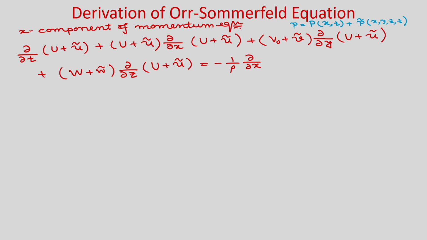So, if it is so, then we can write this term P plus P tilde, remember P is a function of x and t, plus we have the nu grad square (u plus ũ). So, this is the viscous term. So, nabla square is nothing but ∂²/∂x² plus ∂²/∂y² plus ∂²/∂z².